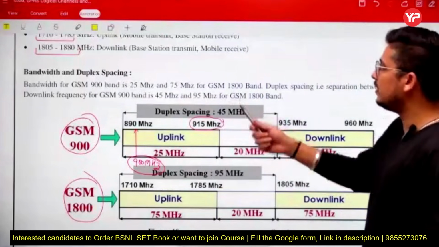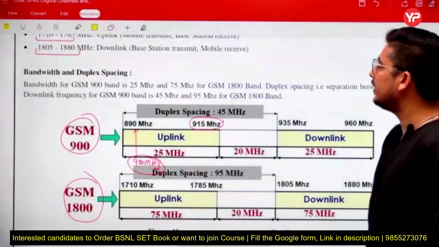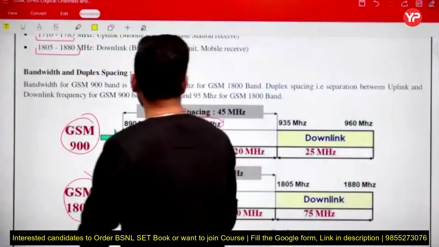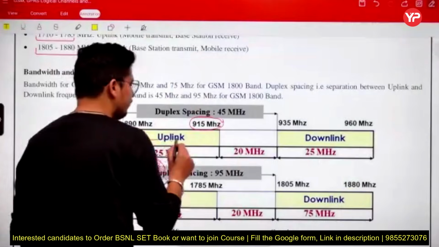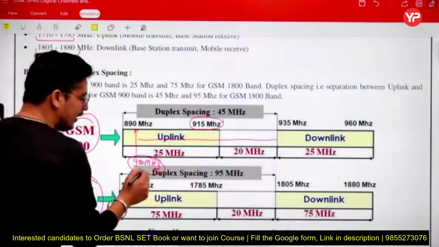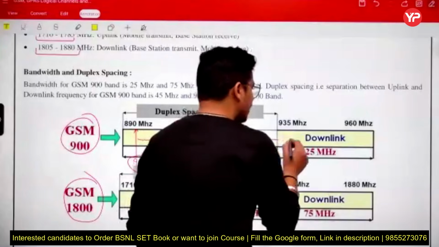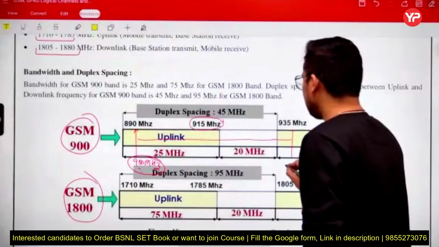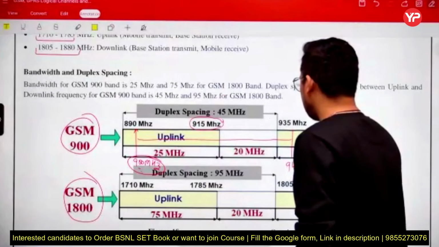So in this GSM 900 band, the frequency spacing is 45 megahertz. Means after 900 we have its downlink frequency, which is available at 945 megahertz.